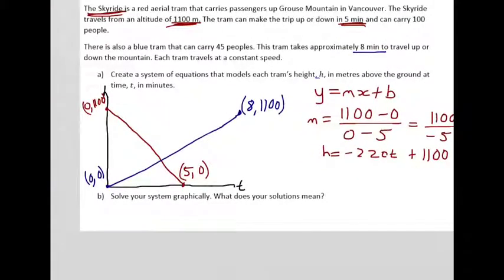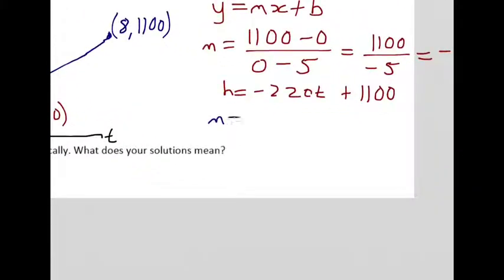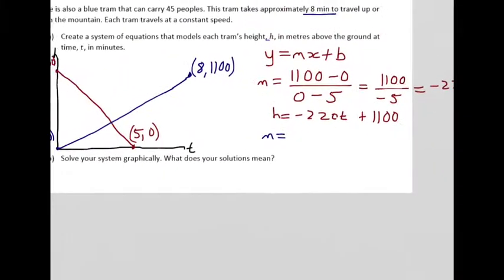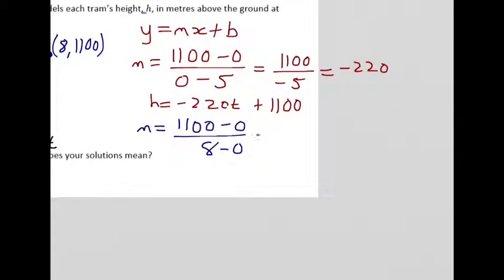Okay, and I do the same thing for the blue line. I want it in the slope-intercept form, so the first thing I do is I find the slope. That is, let's see, (1100 minus 0) over (8 minus 0), which is just 1100 over 8. And let's see, what does that reduce to? That would be 550 over 4, which is 225 over 2.